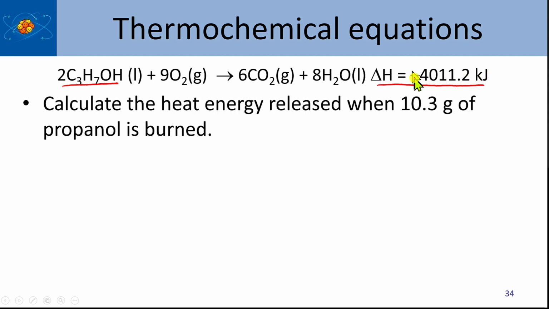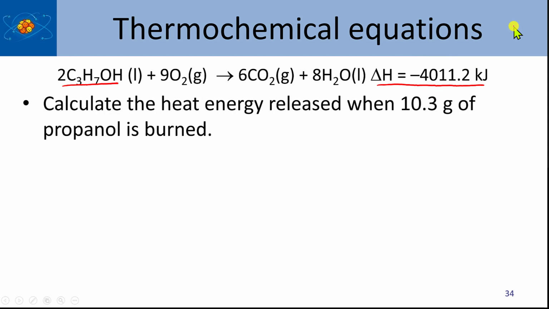And the negative means it's exothermic. Products are going to a lower energy state and energy is being released. So we can use this enthalpy just like we use other stoichiometric coefficients. The negative 4,011.2 is the coefficient for kilojoules in the reaction.